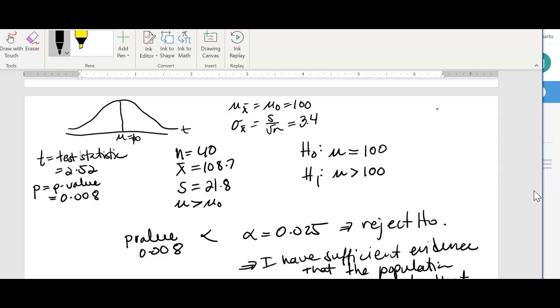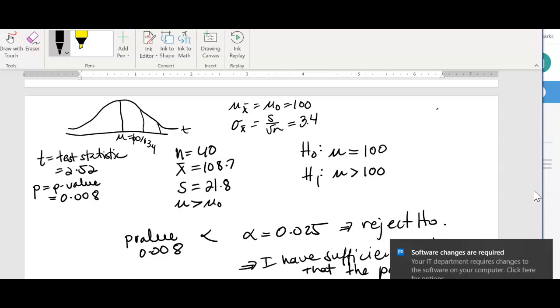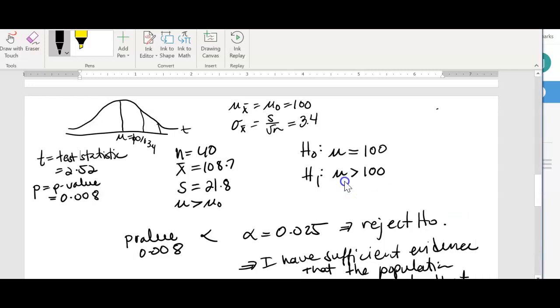So if I went up one standard deviation, it would be 103.4. If I went up 2 standard deviations, it would be 103.4 plus 3.4, which would be 106.8.